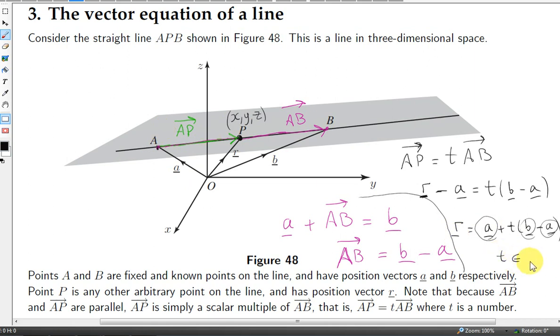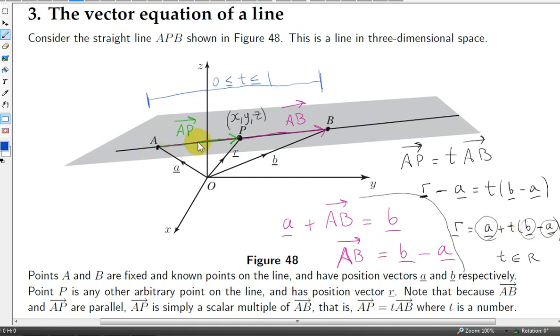So T can be any real number. So for example, if T is equal to 0, then we get R equals A. This bit goes out. We have the position vector of this point on the line. If T is equal to say 1, we will end up with A plus B minus A, which is B. We will have the position vector of this point, and so on. We can generate as many position vectors as we like.